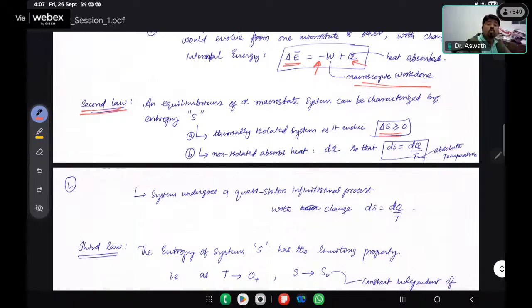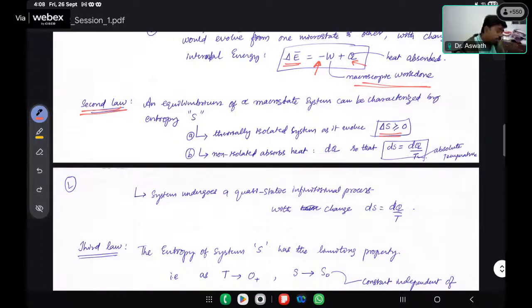It is always going to increase, or it is going to remain constant. Means disorderness in the system is going to remain constant, or it may increase if it is not isolated. If it is isolated, it is going to remain the same.